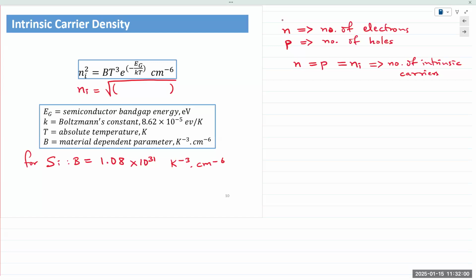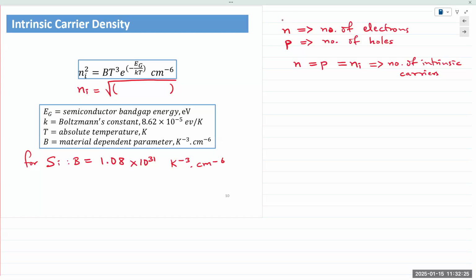The answer would be no. Now, Ni is N and Ni is also P, because every N, meaning every electron, is balanced by a hole. So at any given point in time, if there is a free electron, there is also a hole accompanying that electron.